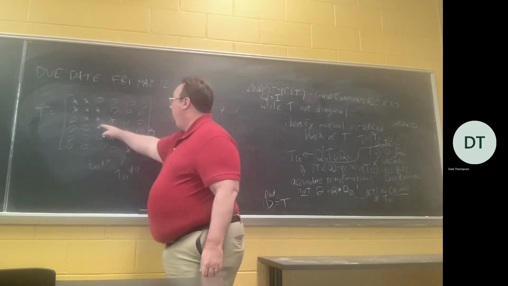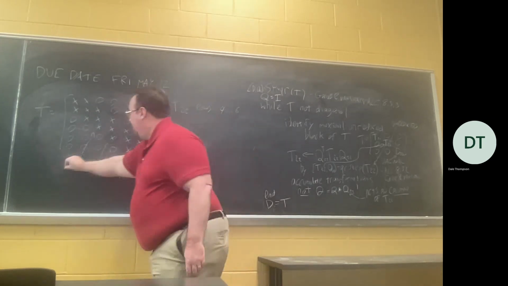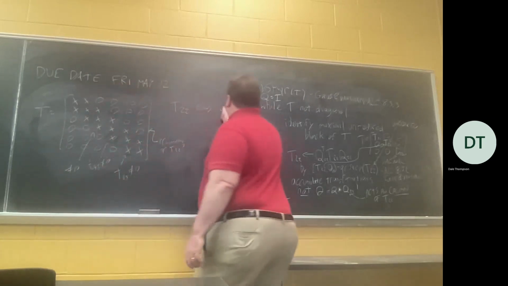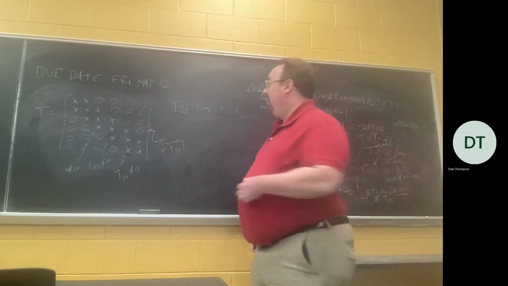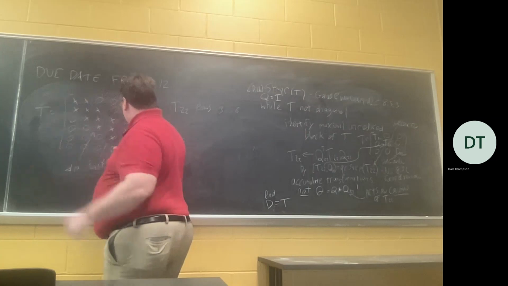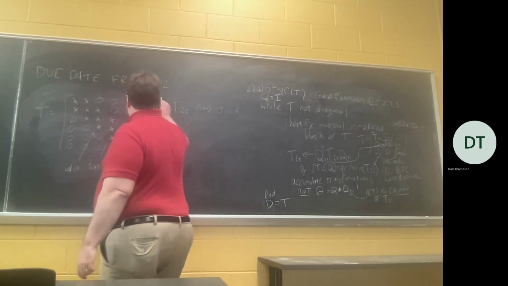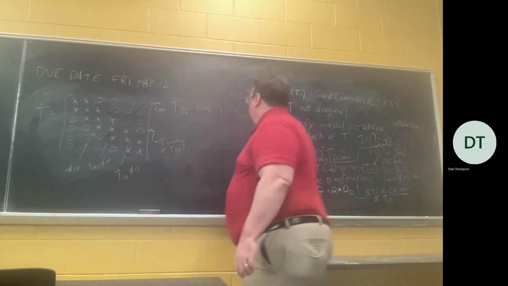And you see that the entry to its left is non-zero. So you keep decreasing that first row until you get to row 1, so that's the whole matrix.